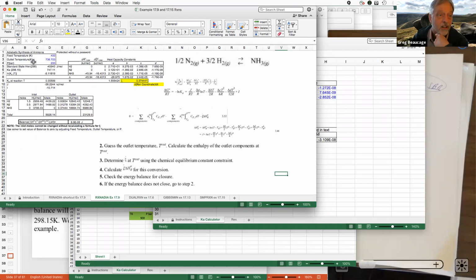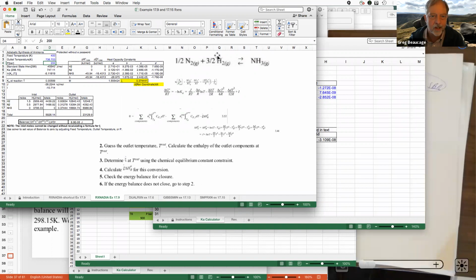So the things you put in are the feed temperature and the pressure, and you set it up for your reaction. Like this is ammonia formation, right? So you're taking nitrogen and hydrogen and making ammonia.